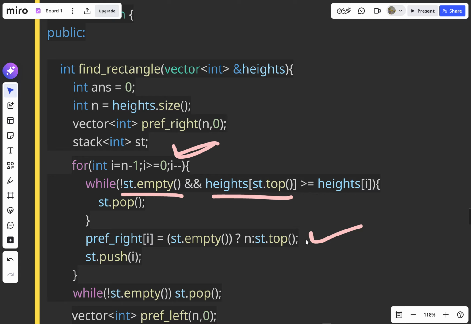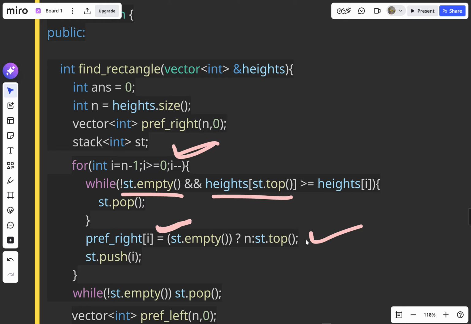After that, prefix right of i will be equal to that st.top only, the highest index whose height is greater than or equal to the ith height, so it will be the prefix right.